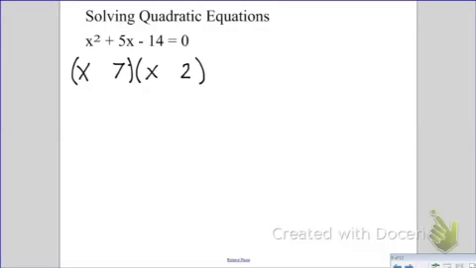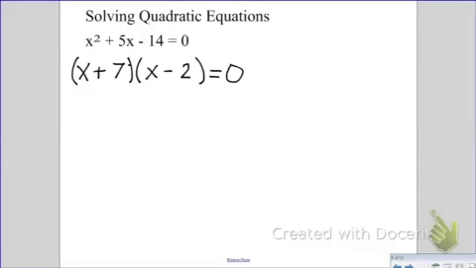And to get negative 14, one of them has to be negative. But to get positive 5, I'm going to put plus on the bigger one and negative on the second one. Now this is still equal to 0. Okay, that's important to know. I haven't got rid of that equal to 0.